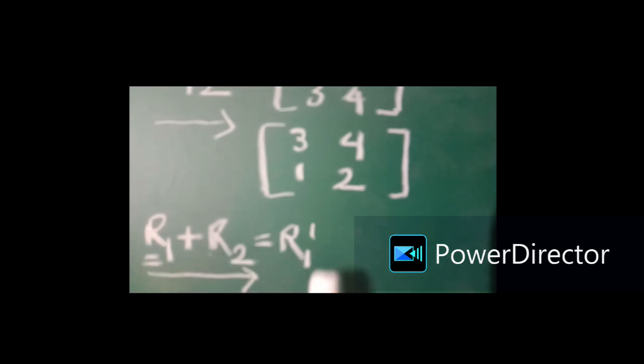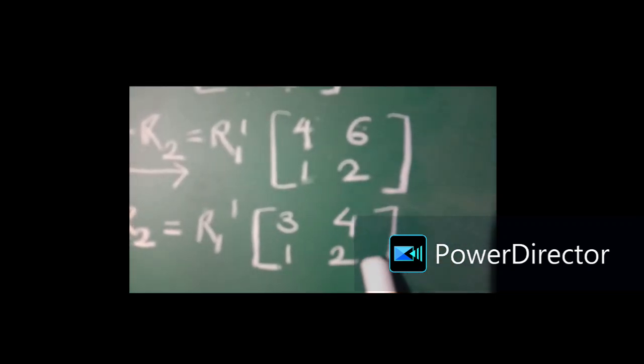So the convention is to write this as R1 plus R2 is equal to R1 dash. So we are adding the elements of the first row to the second row. So this will give us 3 plus 1, that is 4, 4 plus 2, that is 6, and the second row remains as it is. So now we are having a new matrix which is 4, 6, 1, 2.